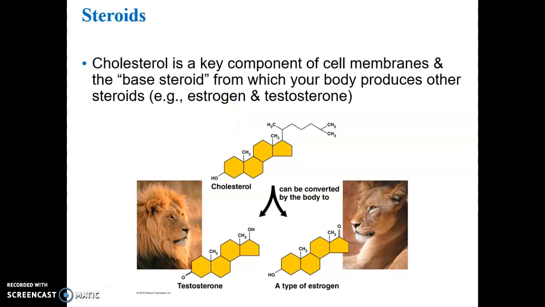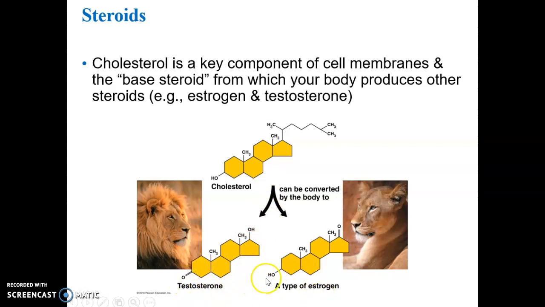So estrogen, which you can consider the female hormone, versus testosterone, the male hormone. Estrogen is one of the main hormones that produce feminine characteristics in animals, and testosterone is one of the main hormones that produces male characteristics in animals. So the base molecule is cholesterol, and notice the difference between testosterone and estrogen.